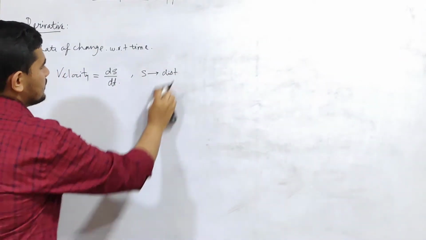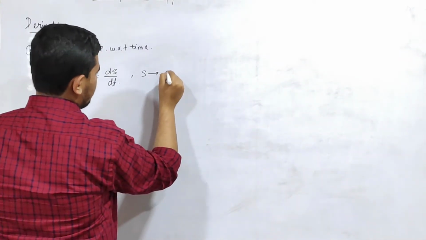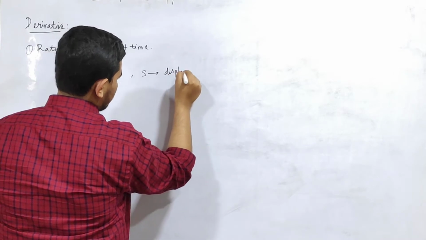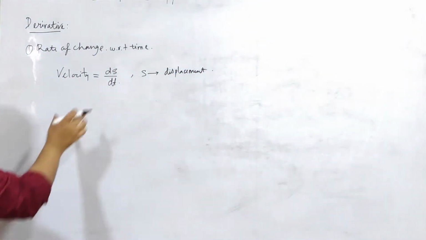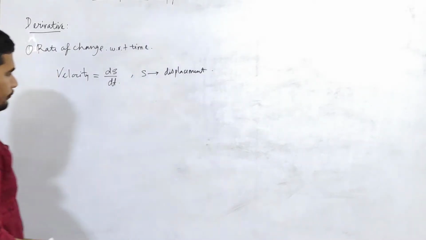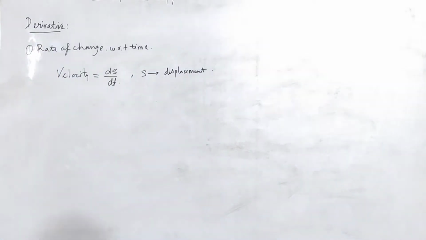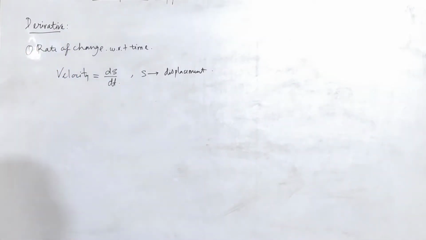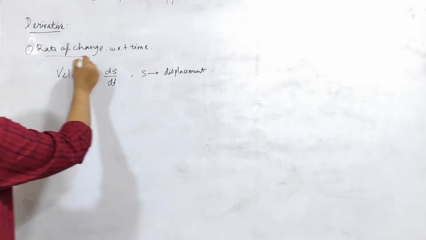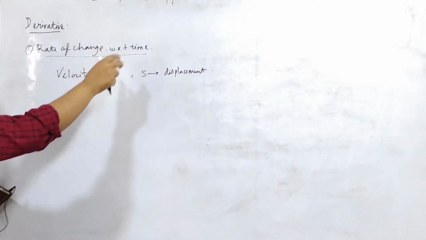It is proper to say this is displacement, not distance. So this is velocity, which is ds by dt. So now I am going to discuss some problems from which you will get a better understanding of what I mean to say by rate of change with respect to time.